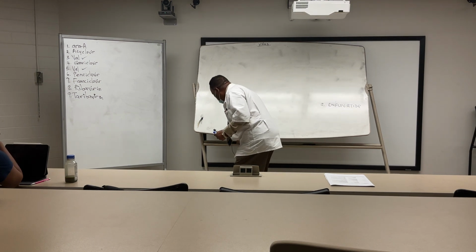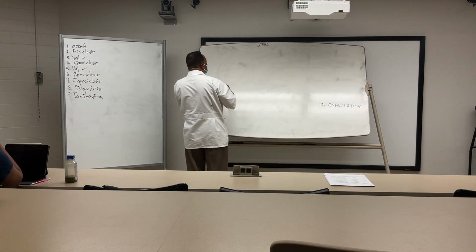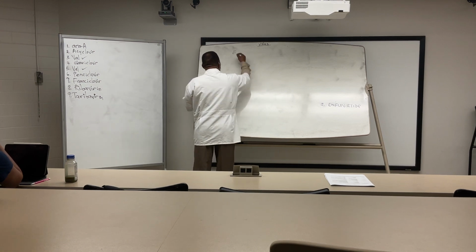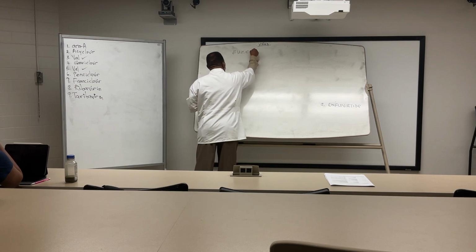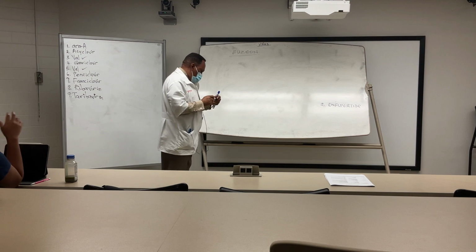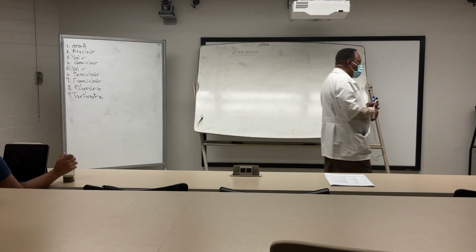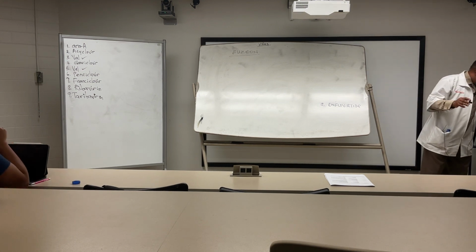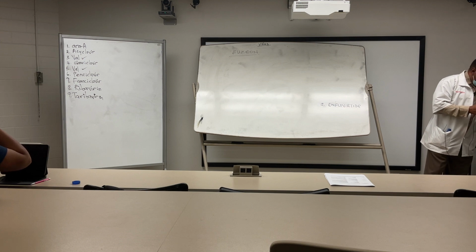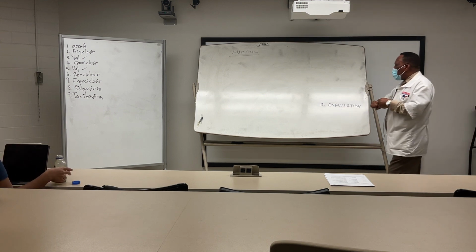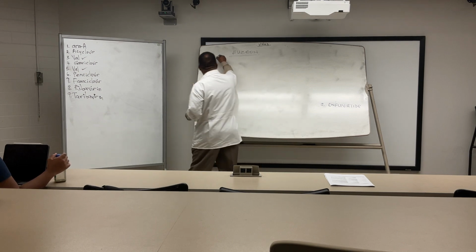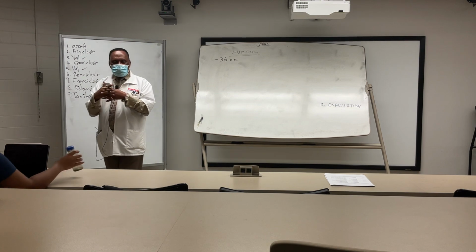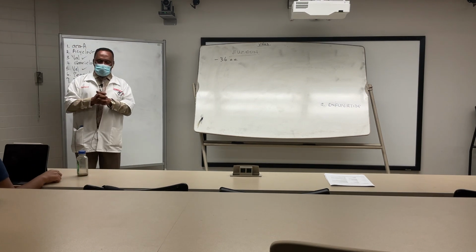And Enfuvirtide, which is available as Fuzeon. That is its brand name. This is a drug that was just totally synthesized because it is made up of 36 amino acids, just 36 amino acids being brought together.